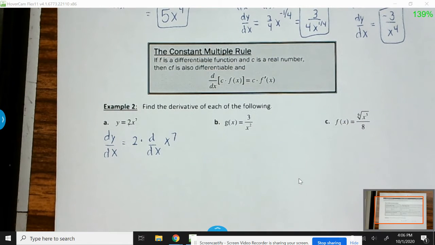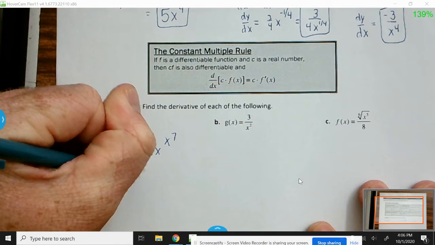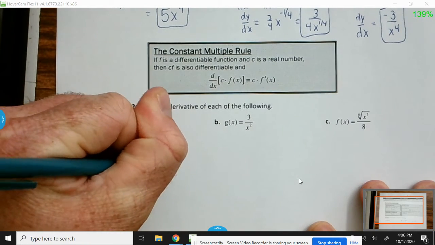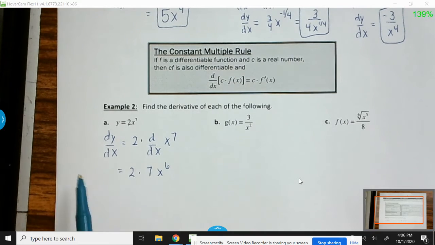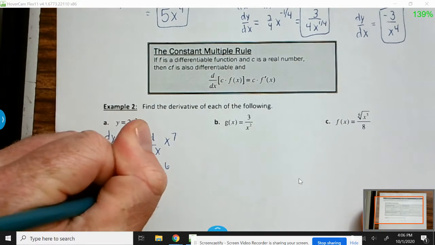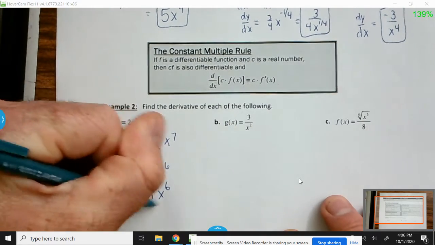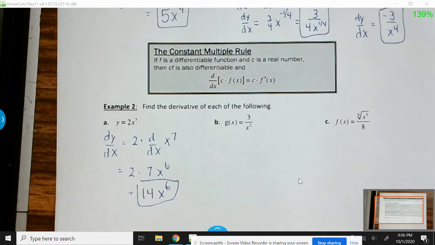So what's the derivative of x to the 7th? Well, it's 7x to the 6th, right? So I'm just thinking about x to the 7th, and then I have that 2 out front, and that's why it becomes 14x to the 6th, right? So that derivative is 14x to the 6th.